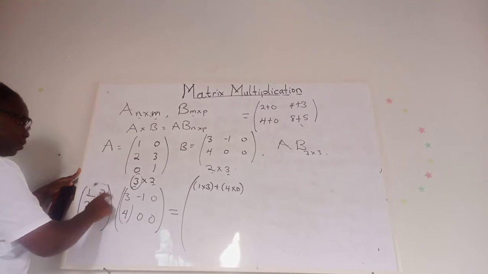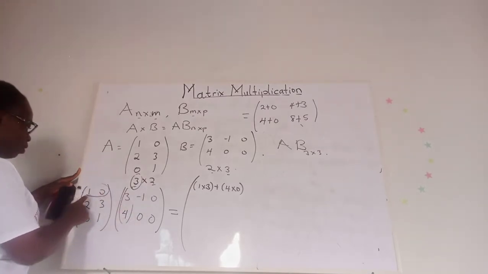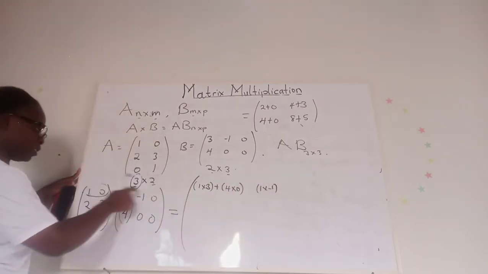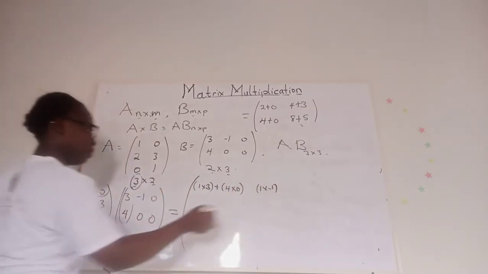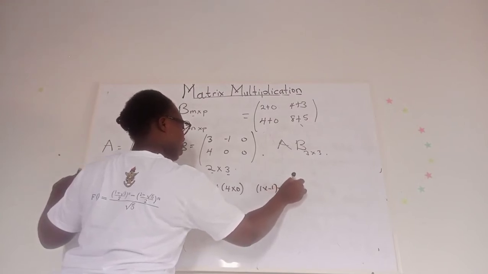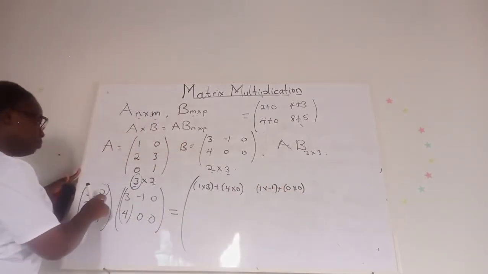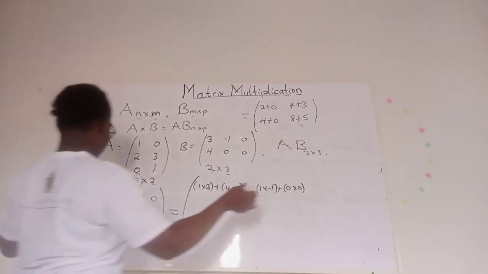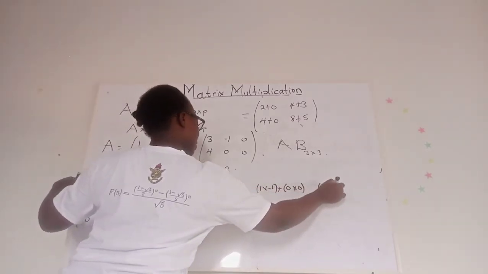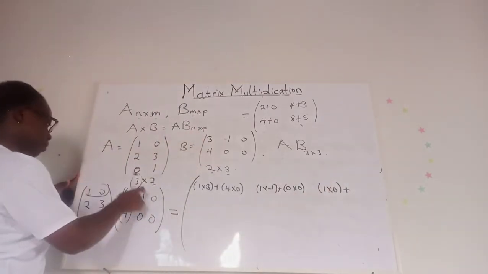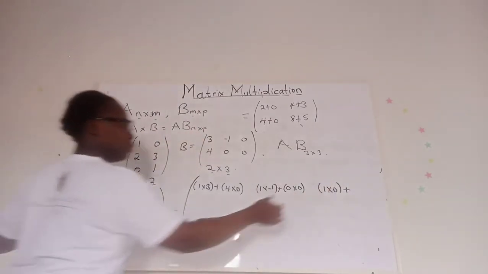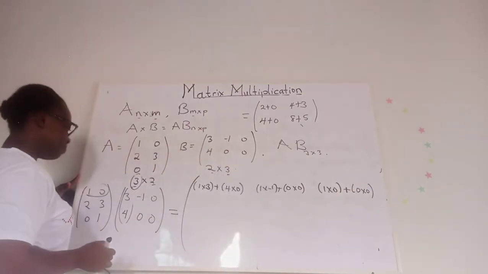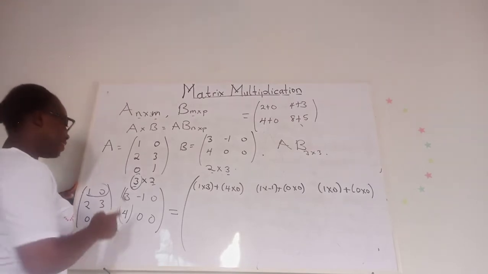Then first row, second column: 1 times minus 1 plus 0 times 0. First row, third column: 1 times 0 plus 0 times 0. I hope you see where we are heading.